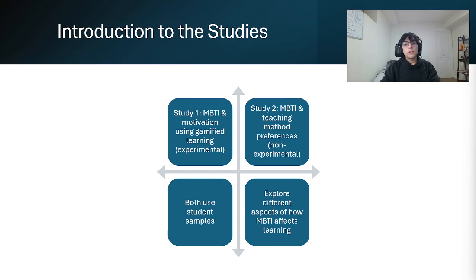It examines whether using MBTI to customize a gamified learning platform can increase student academic motivation. The second study, from 2020, is non-experimental. It investigates how students' MBTI types correlate with their preferred teaching methods.